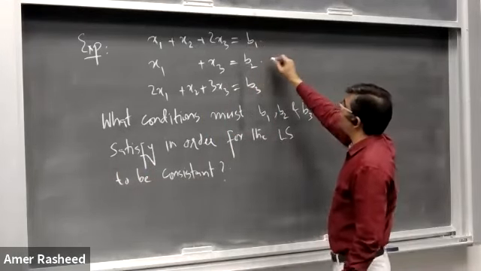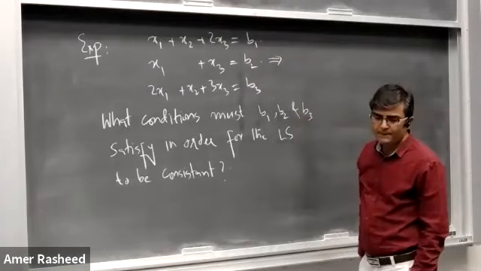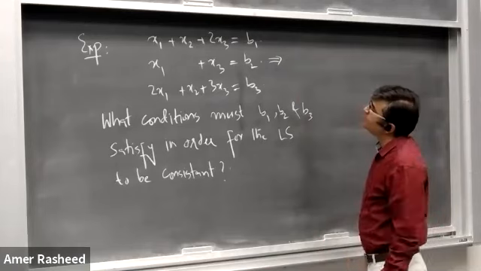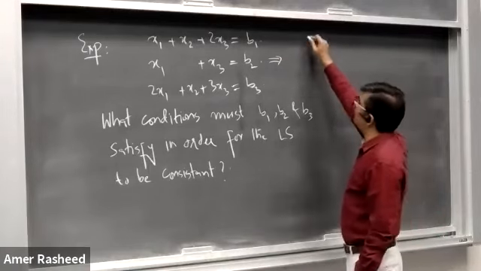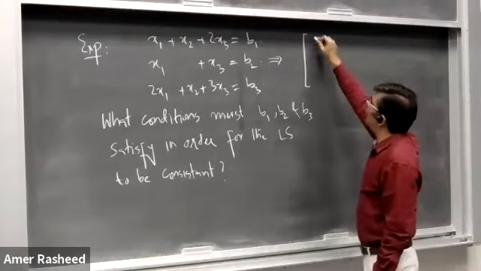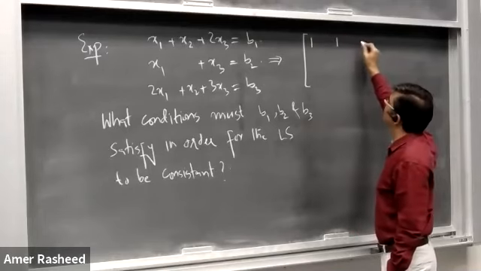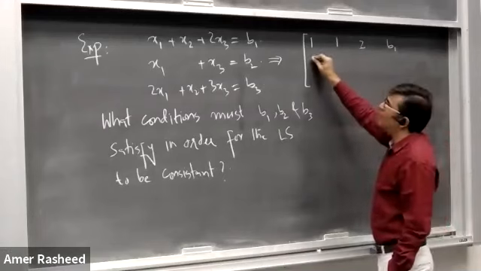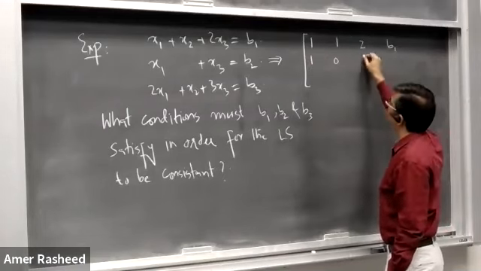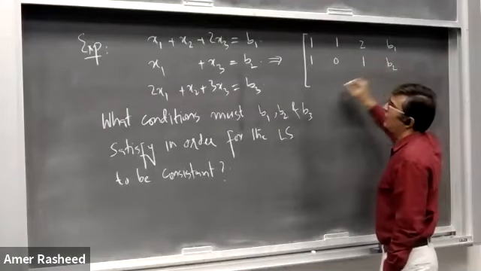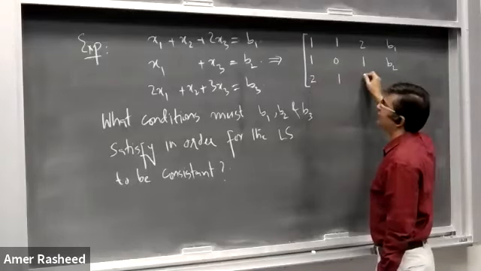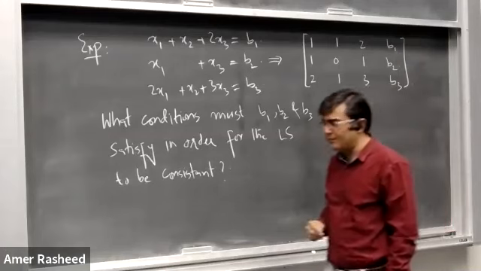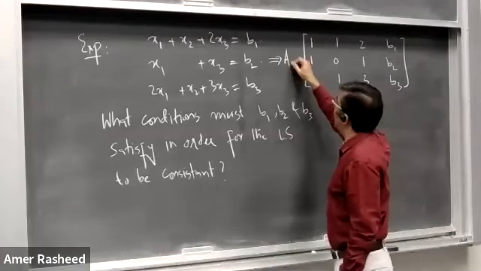Now, if you try to write the augmented matrix corresponding to this: 1, 1, 2, B1; 1, 0, 1, B2; 2, 1, 3, and B3. This is the corresponding augmented matrix. You can write A, B here.